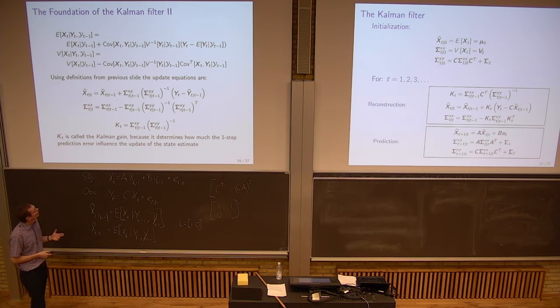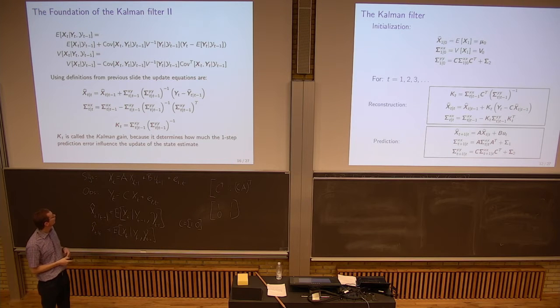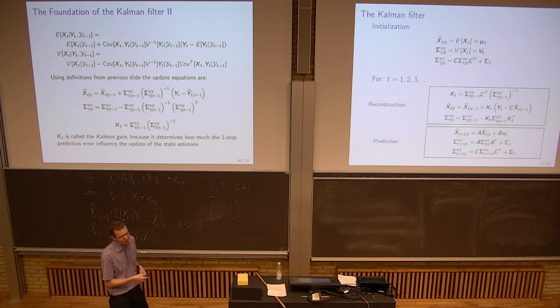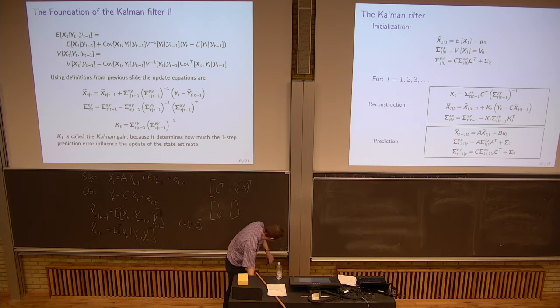So these are the equations. And now, how will we define the Kalman gain? That is the factor listed right there: the covariance between x and y at t given t minus 1 multiplied by the inverse of the covariance of y_t given t minus 1. There are some things that don't match completely when you compare the reconstruction equation there and here, so let me spend the time filling in the blanks.